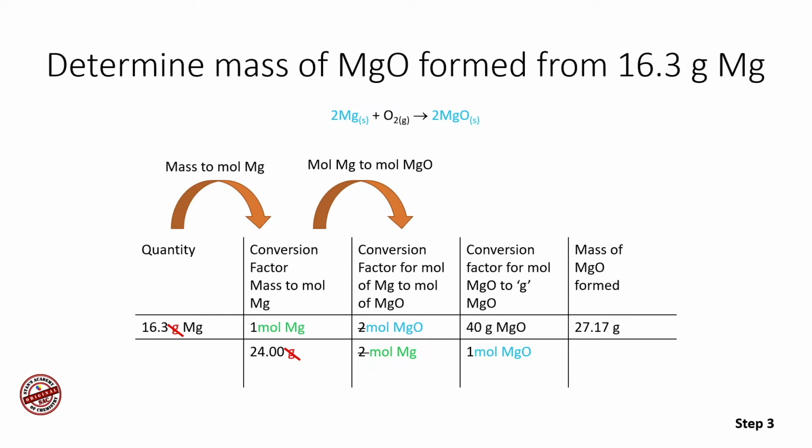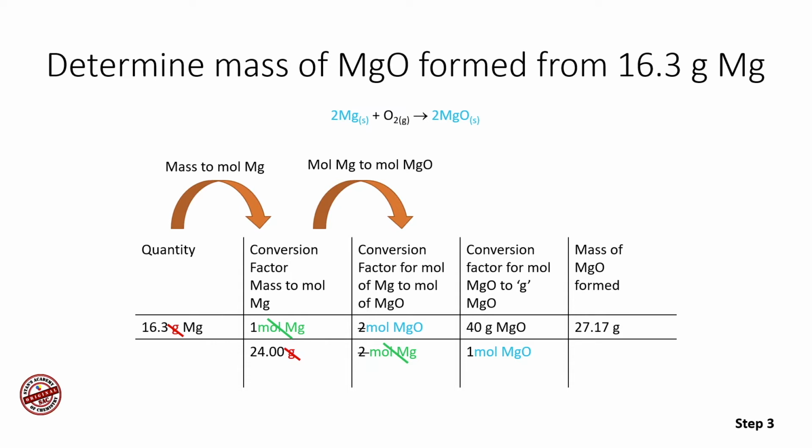In this case, the values are 2 and 2. In the conversion factor, the denominator should have the moles of magnesium so that it cancels out with the moles of magnesium in the numerator, giving the number of moles of magnesium oxide.